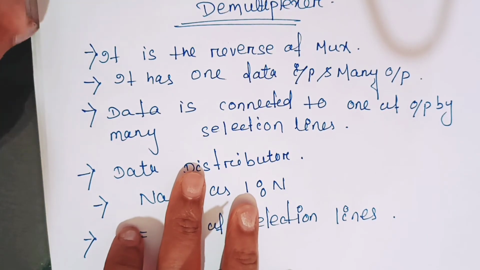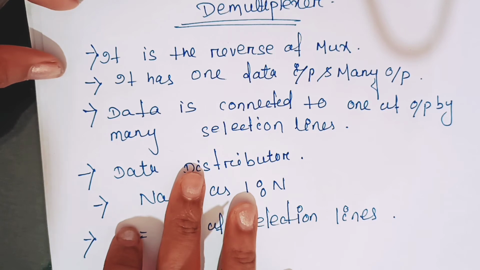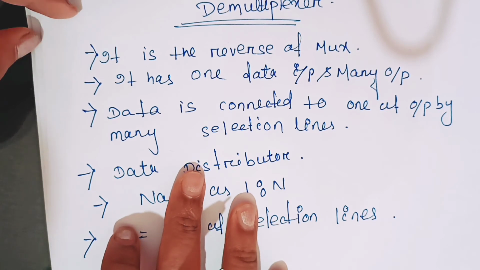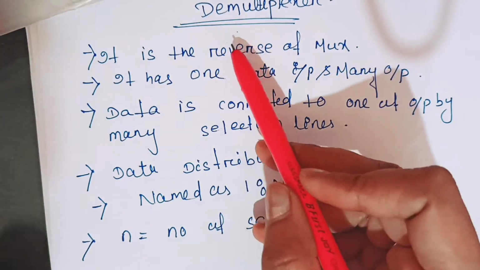In the previous class we discussed the multiplexer, and in today's class we will discuss the demultiplexer.